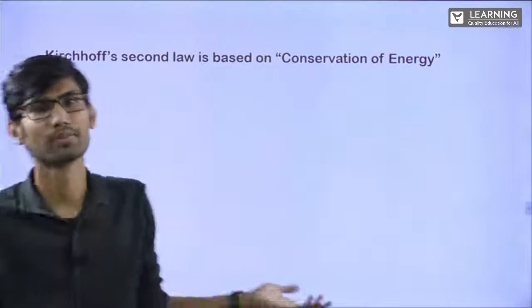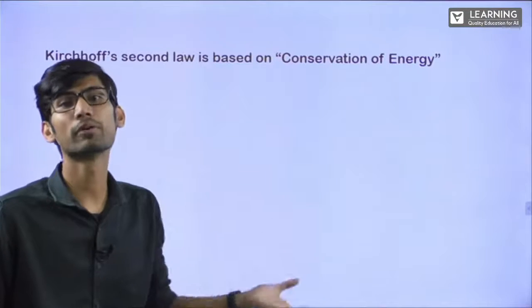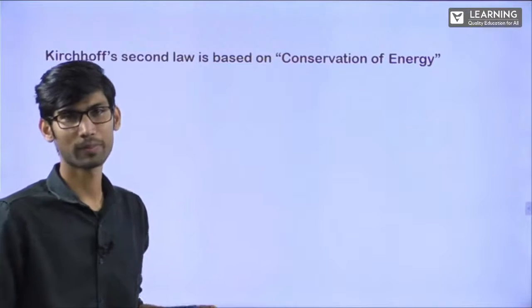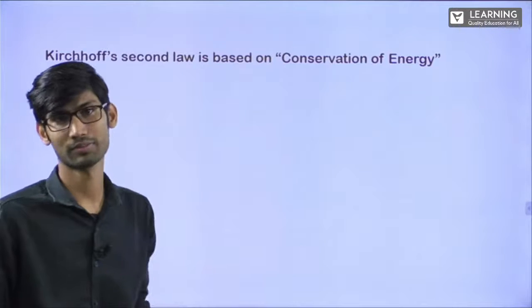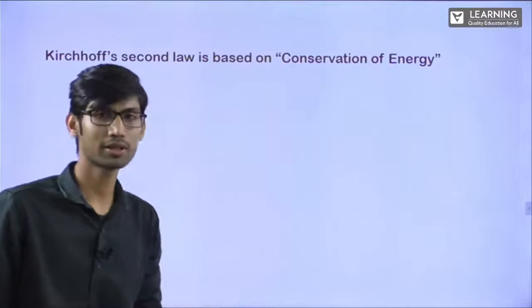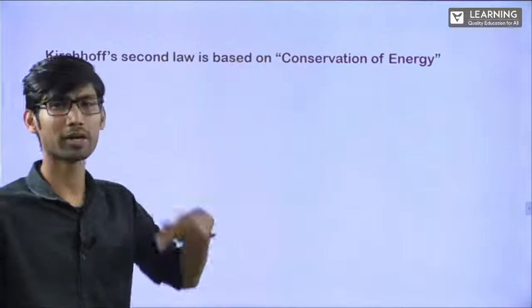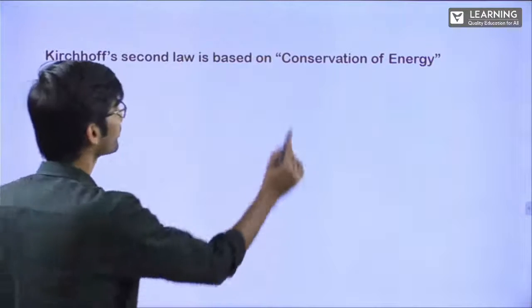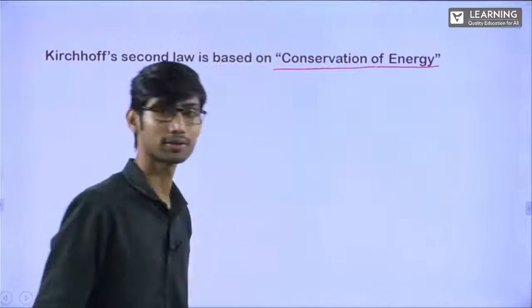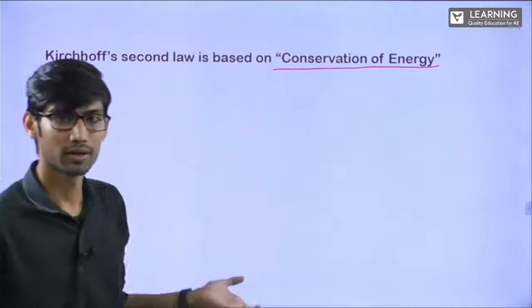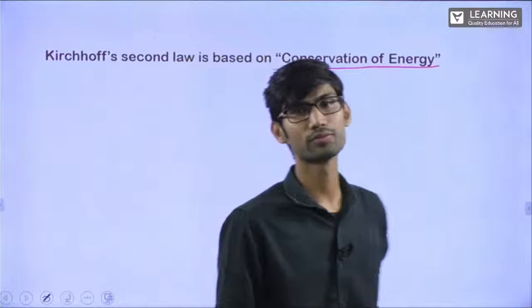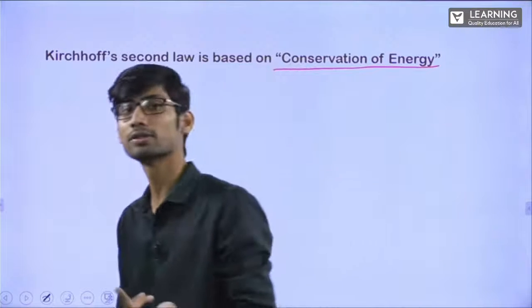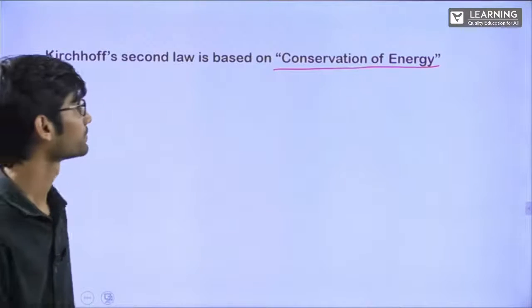Potential difference is nothing but work done per unit charge, work done by conservative forces per unit charge. So work done is conserved since we are coming back to the same point. Energy is conserved. Clear? Note down. In boards they ask, KCL is based on conservation of charge. KVL is based on conservation of energy.